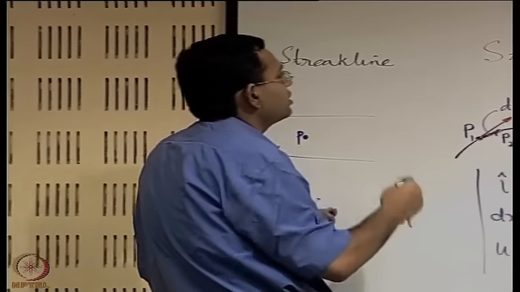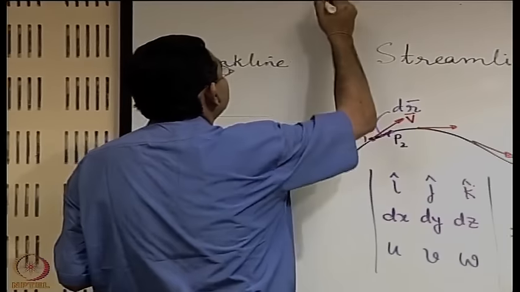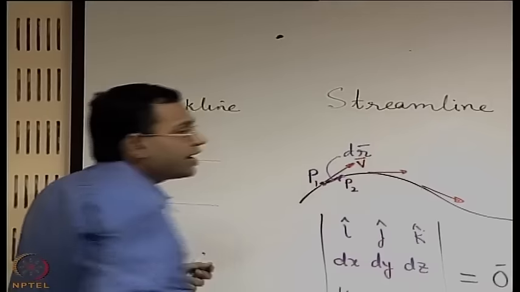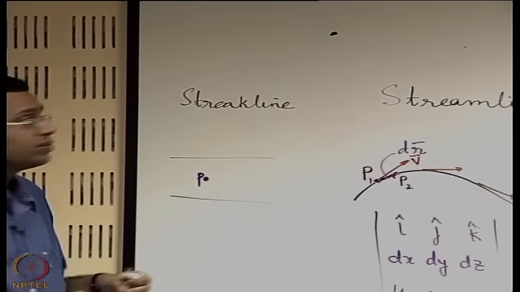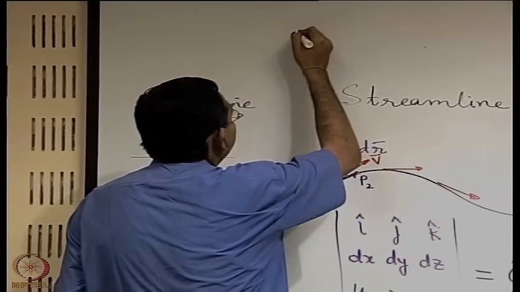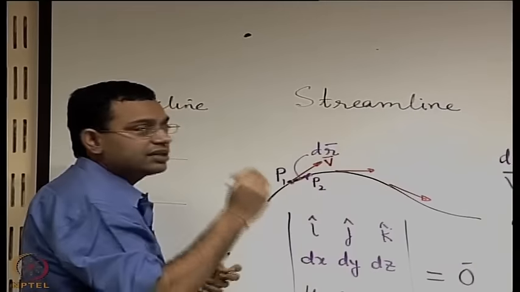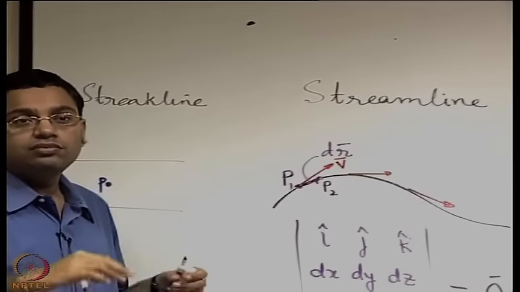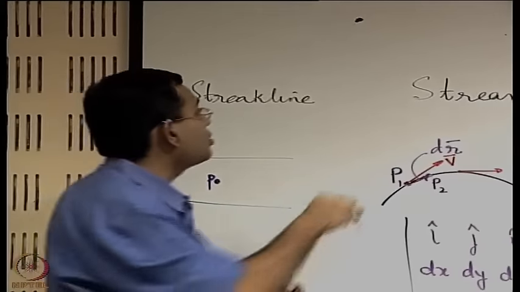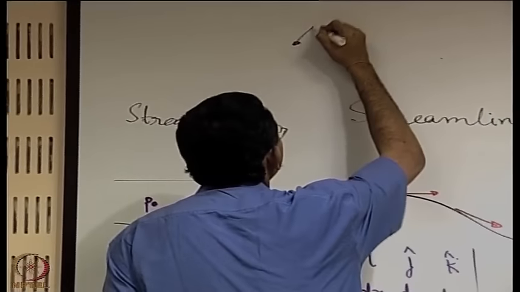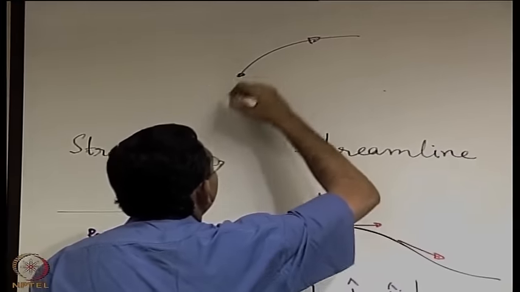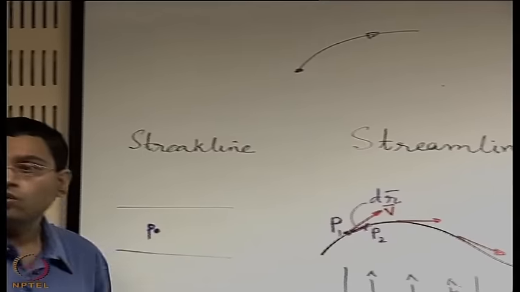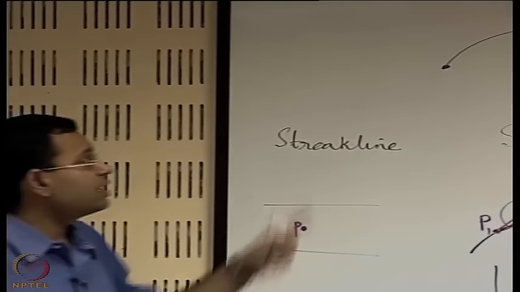Let us try to conceptually draw a streak line. Let us say that this is a point at which dye is injected. When a fluid particle passes through this point, say at time equal to t0, the fluid particle then undergoes a locus. So what is this locus?